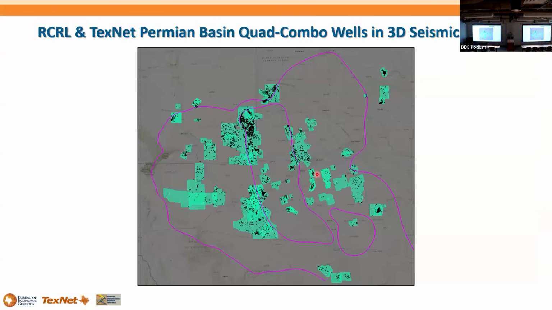We have access to about 75,000 well logs in the Permian. About 30,000 of those are good quality triple combo log curves. And I displayed those on top of all of the seismic volumes I have access to for both RCRL and TexNet. So we got a pretty decent coverage, right?